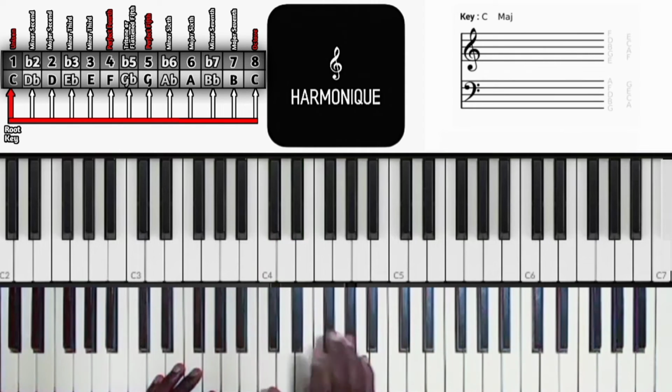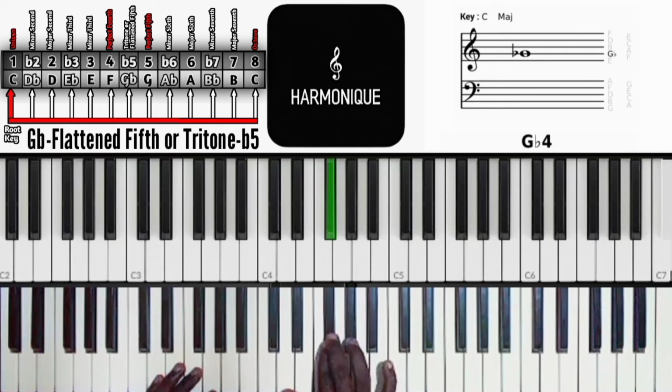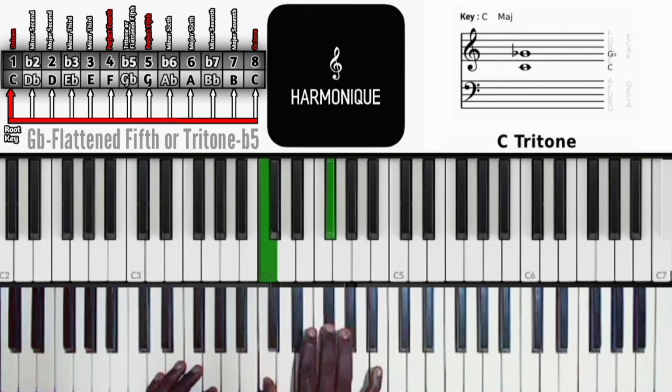Moving up again, since G flat is simply a flattened G, which is the 5th degree of the C diatonic scale, we will then say that while G is at an interval of a perfect fifth from C, G flat is at an interval of a flattened fifth, or we can also say an interval of a tritone away from C, and it is numerically represented as flat 5.